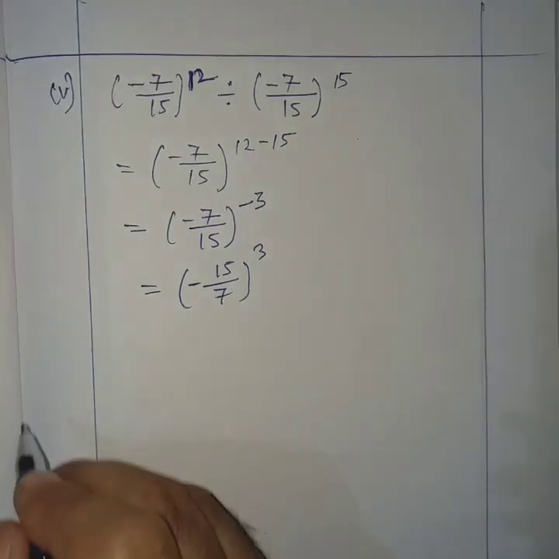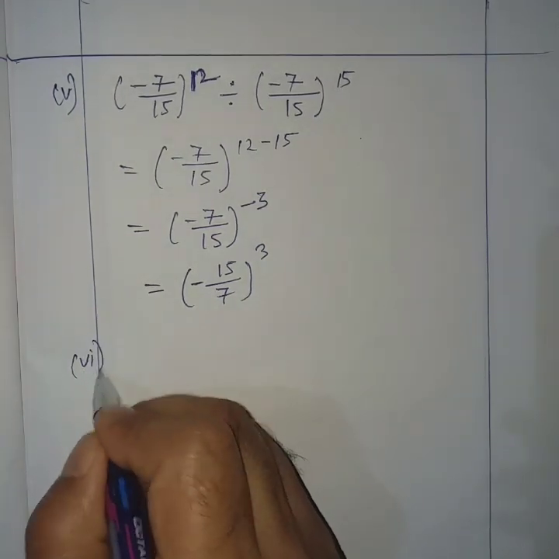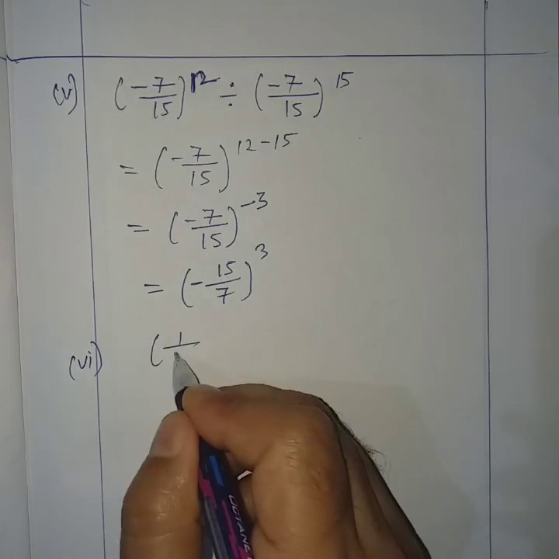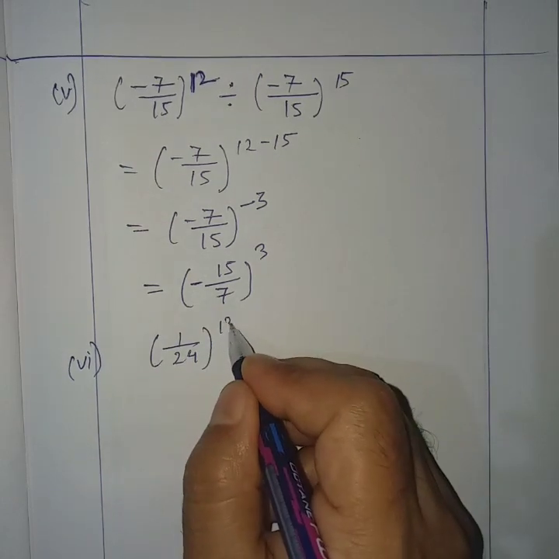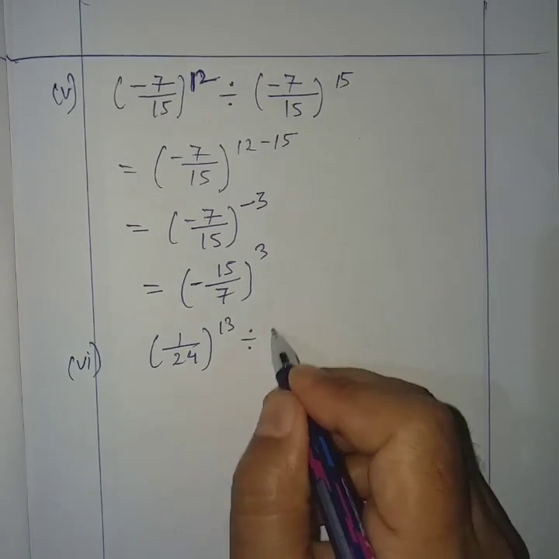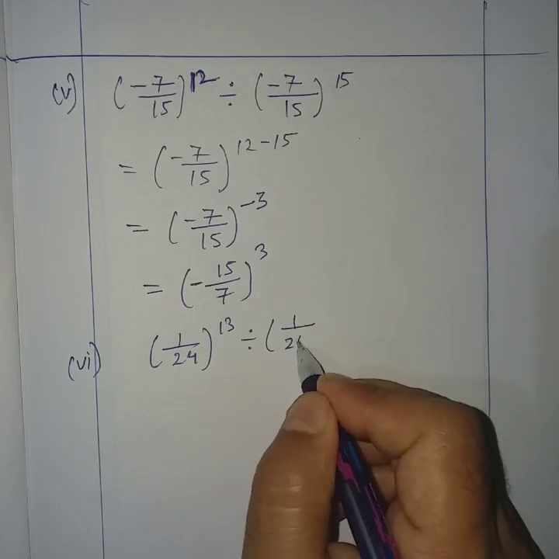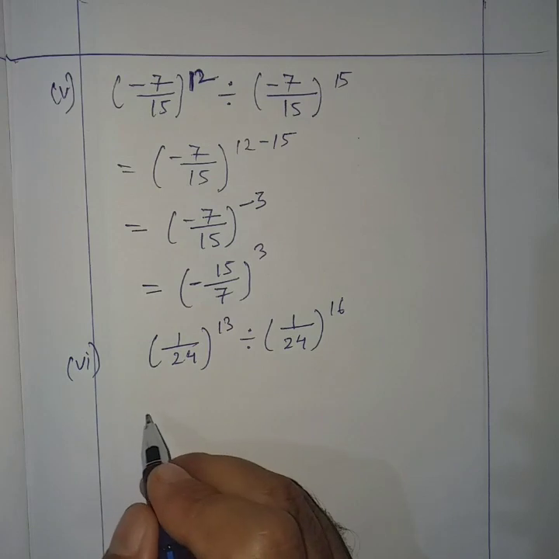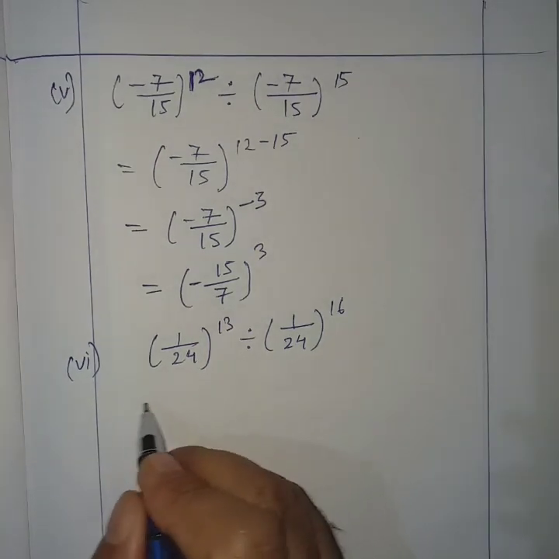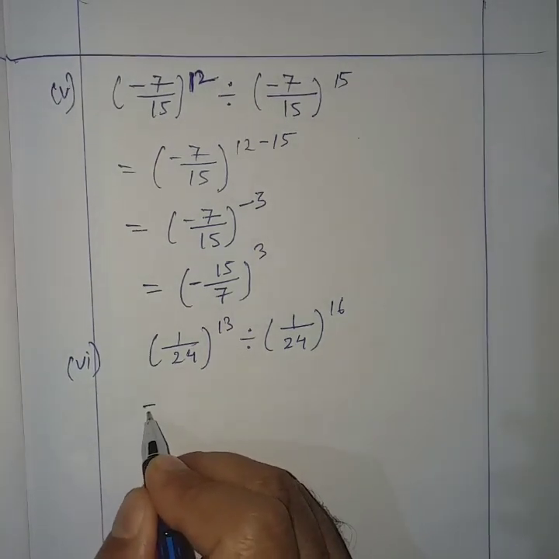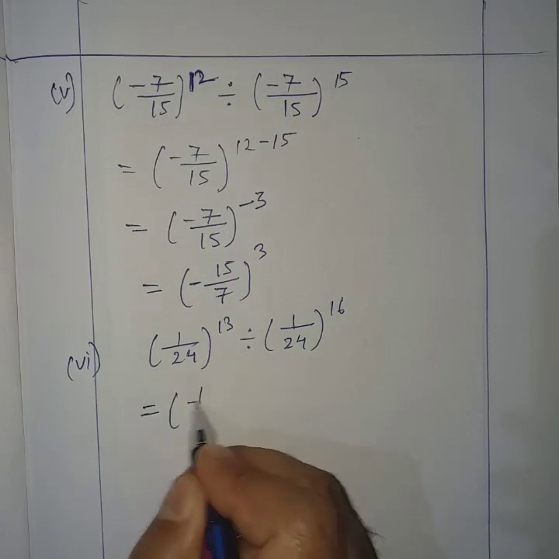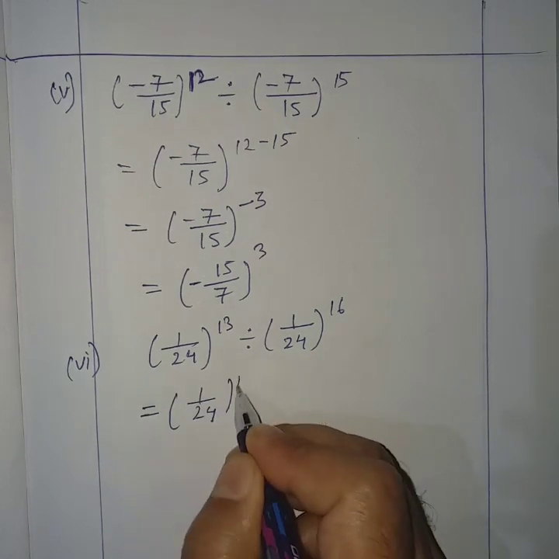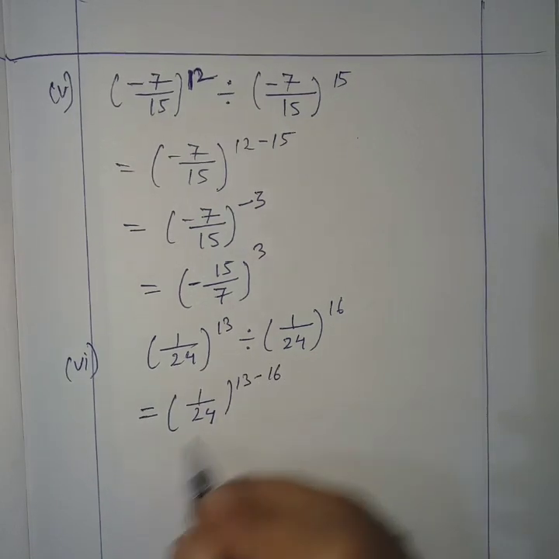So here is the question number 6 now. 1 by 24 whole to the power 13 divided by 1 by 24 whole to the power 16. Okay, and this is equal to 1 by 24 to the power 13 minus 16.